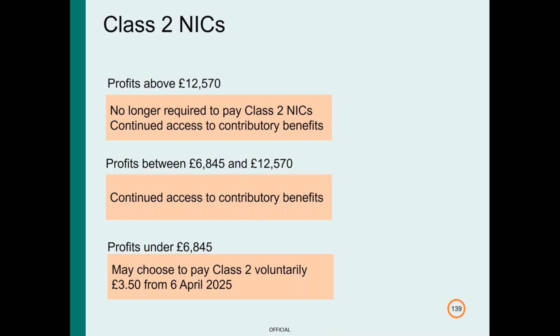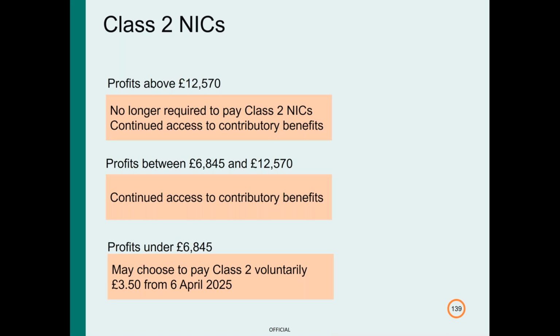Those with profits between £6,845, the small profits threshold from the 6th of April 2025, and £12,570 will continue to have access to contributory benefits, including state pension, without paying NICs.